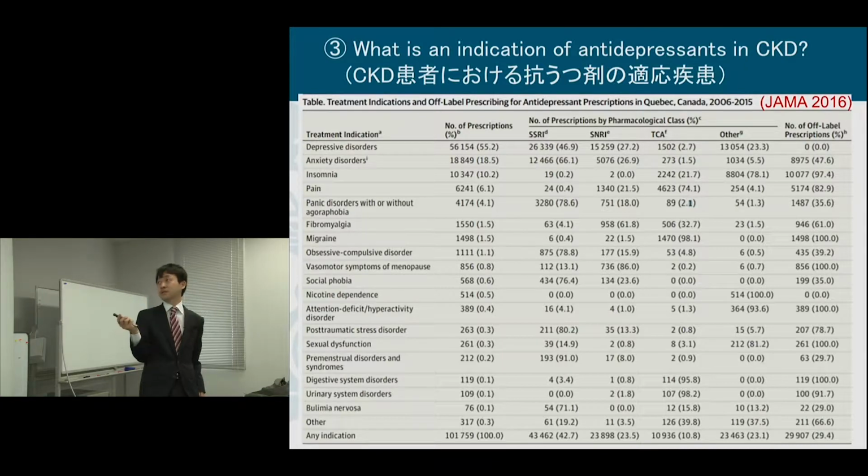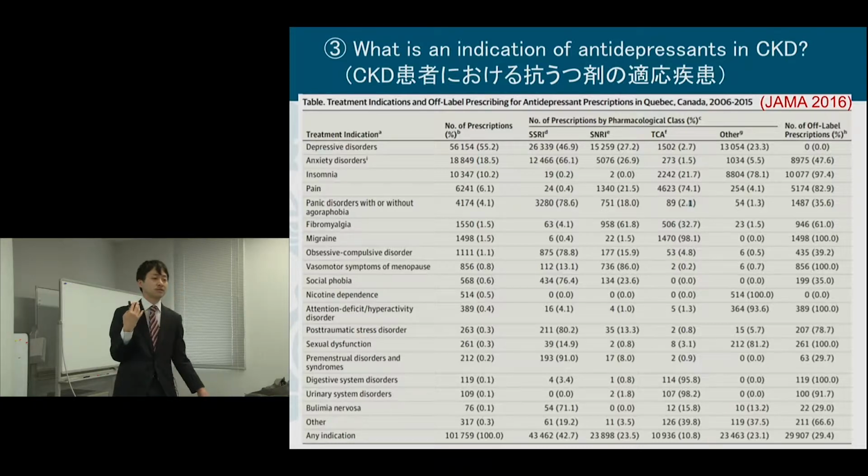In the case of antidepressants, this Quebec, Canada study suggested that antidepressants were prescribed only 55% for depression, followed by anxiety for 18%, insomnia or sleeping problems for 10%, pain 6%, and many other indications. And antibiotics may be prescribed for pneumonia or UTI or other infections.